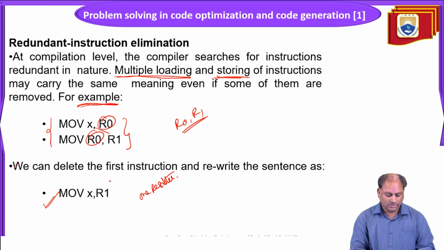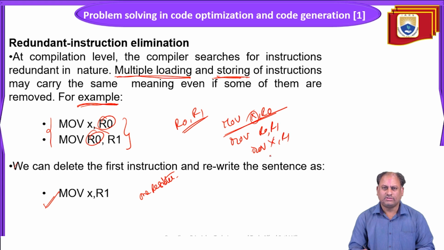So delete the first instruction and rewrite the instructions. Instead of move x comma r0, move r0 comma r1, where the contents are passed from source to destination, we directly pass the x contents to r1. So it will be very easy.